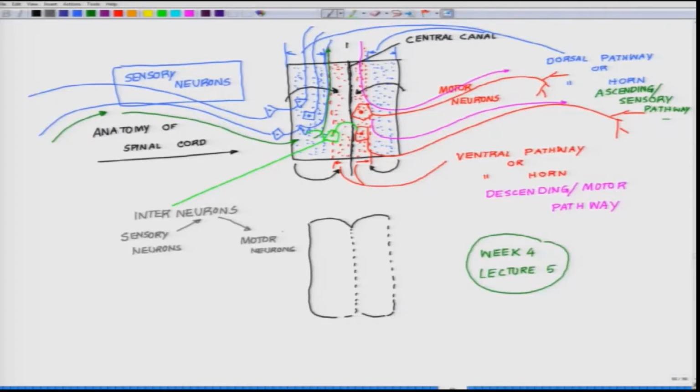And just for your knowledge sake, sometimes people write motor neurons as MOTONEURONS. So, do not get confused. These are different terminologies which are being used.